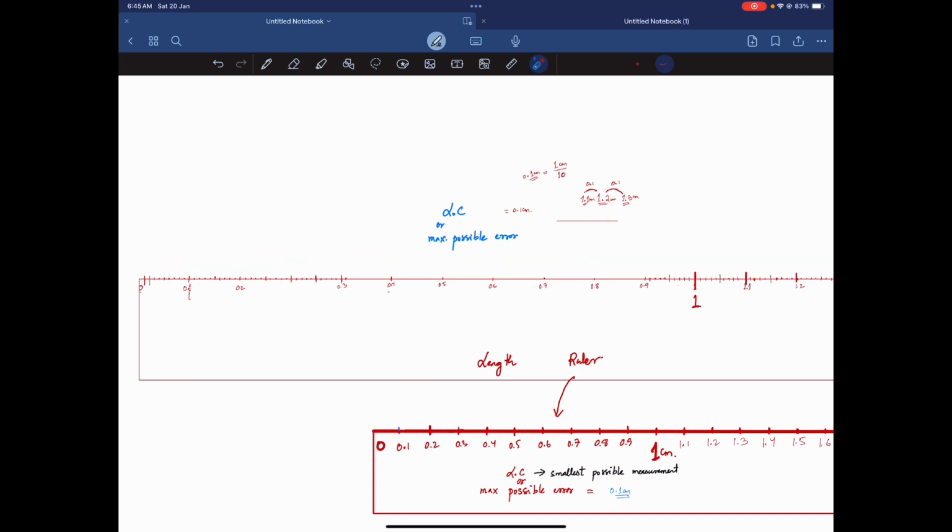So let's find the length here. The same measurement now. I zoom out. I hope you can see it. Let me draw it. That's too big.